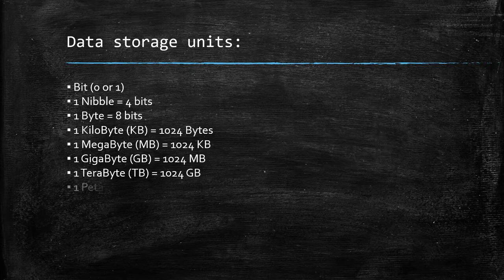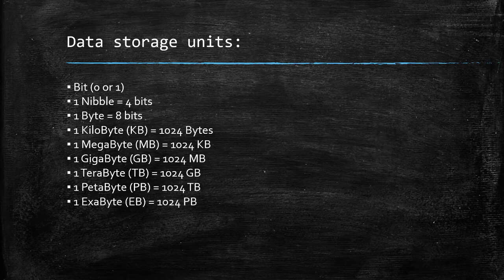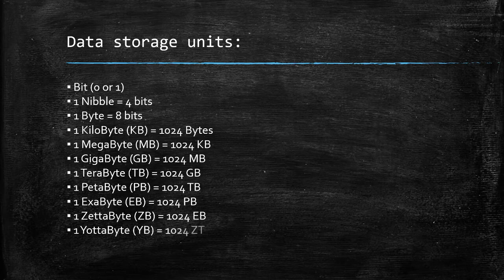Next is petabyte, which is 1024 terabytes. Next is exabyte, which is 1024 petabytes. 1 zettabyte, ZB, is 1024 EB. And 1 yottabyte is 1024 zettabytes.